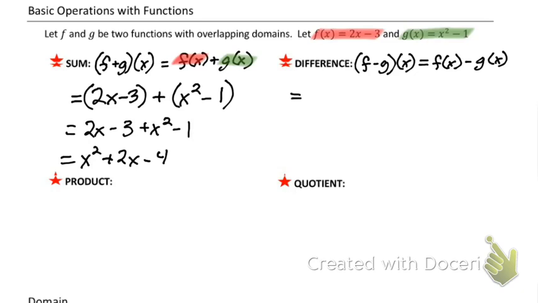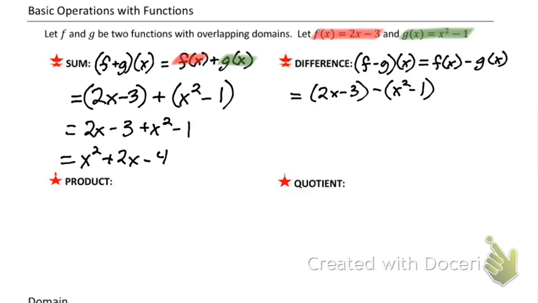So this is going to equal, I always put parentheses, 2x minus 3, and you'll see why in this example, minus our g of x, which is x squared minus 1. Whenever I do substitution, I use parentheses for this one exact reason. That negative needs to be distributed to that x squared and that negative 1. If you don't use parentheses, you are going to forget it.